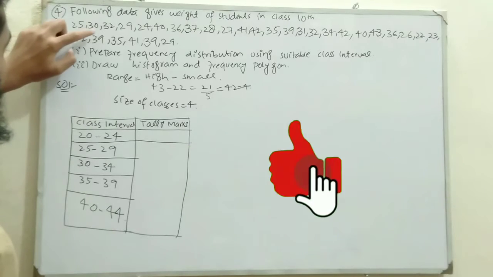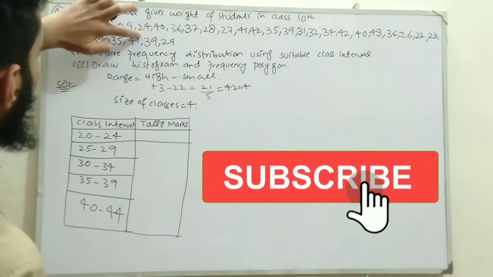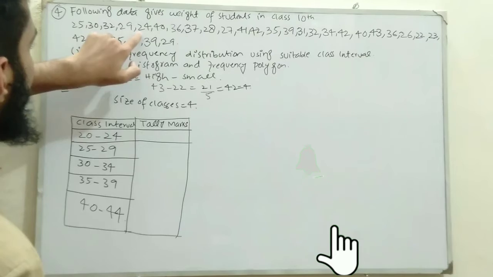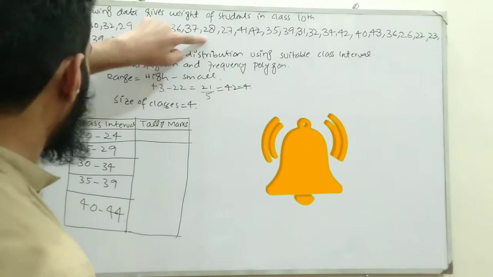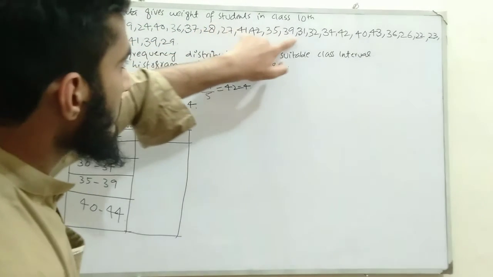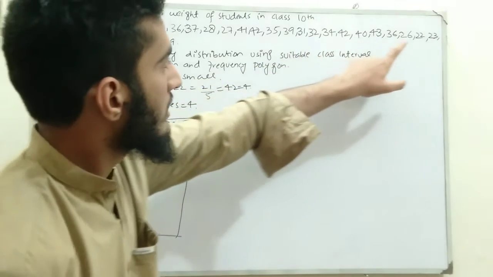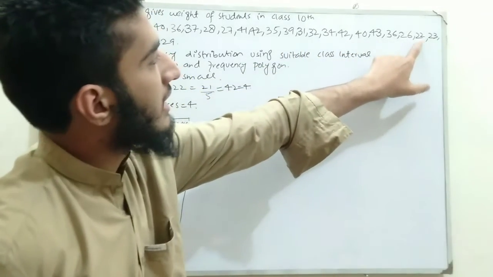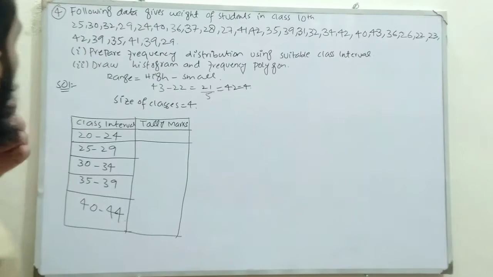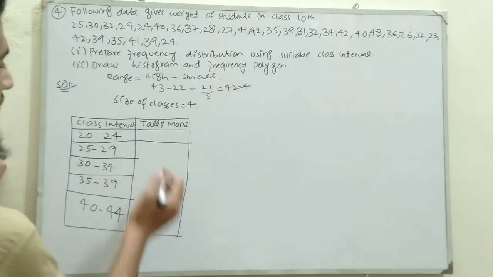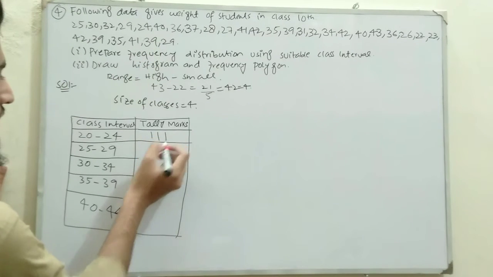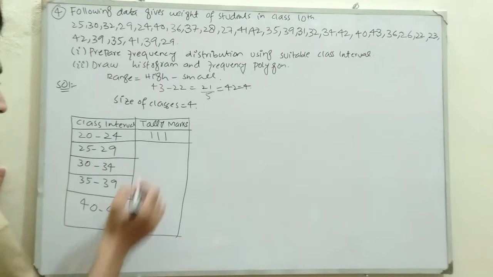The first number will be 24, 22 is the second, 23 is the third one, and we have no other number, so the tally marks will be 1, 2, 3, represented by vertical lines.